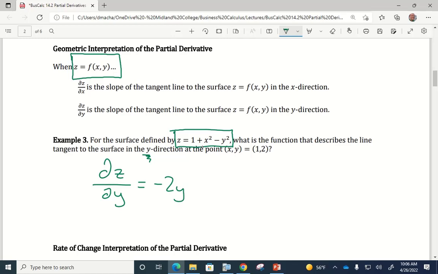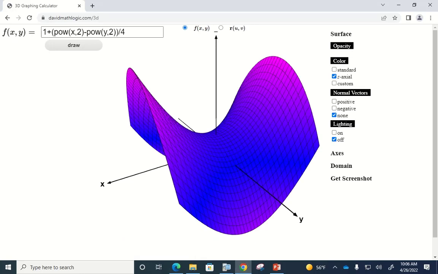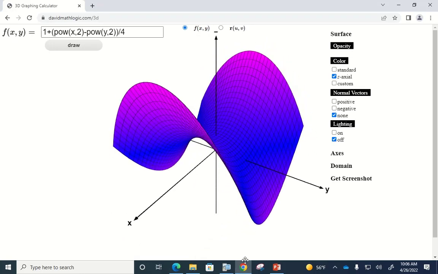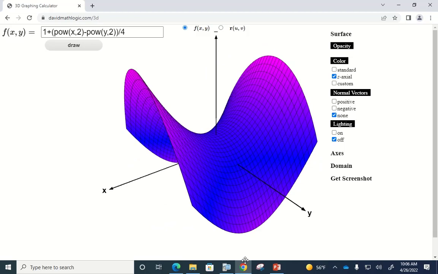And if I evaluate that at the point where y is 2, then the partial of z with respect to y evaluated at the point 1 comma 2, that should be negative 4. So sure enough, we got a negative partial derivative with respect to y, because as I move in the positive y direction, my surface is sloping down.